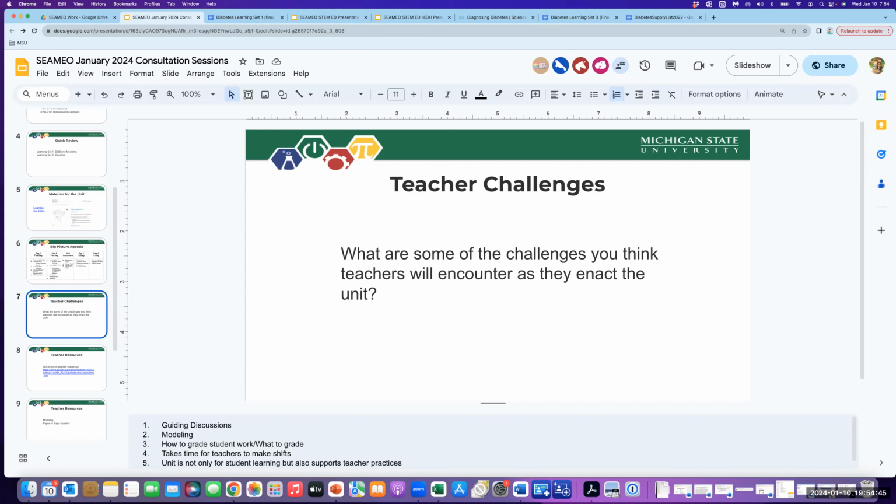And I would like to add that what we have found in our work is that it takes time. It takes time for teachers to make these shifts. I tell them up front when we begin with a new set of teachers, and we've found this again and again, because we have been working on this unit for almost 10 years.